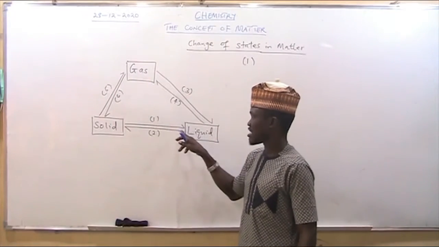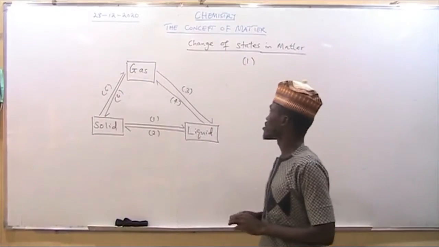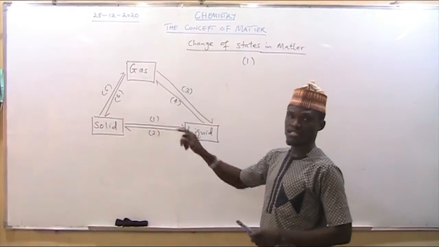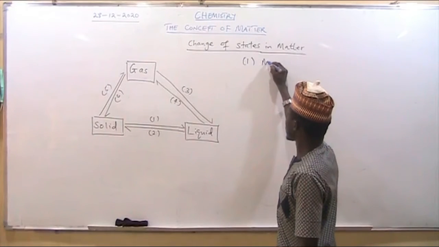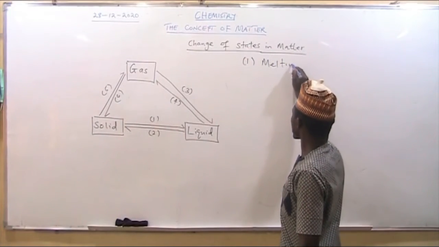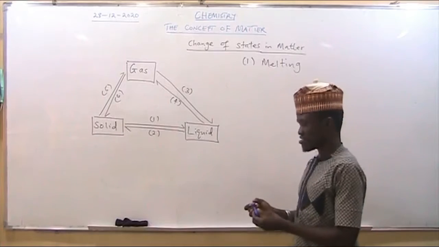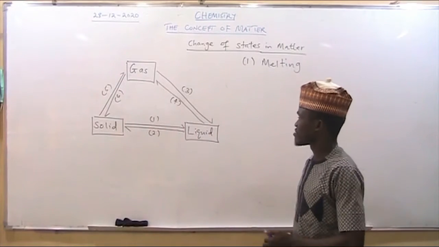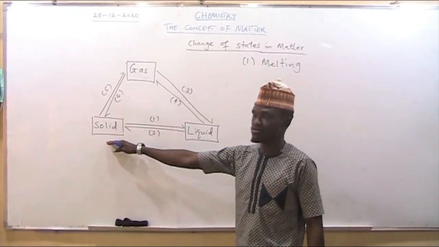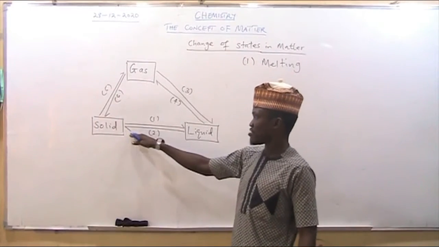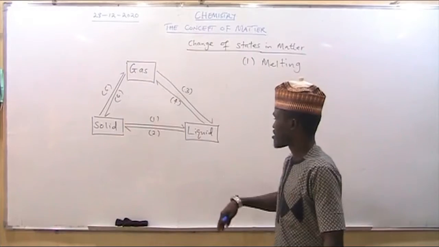From solid to liquid we refer to as the physical process of melting. Okay, so this is melting. Then the process is reversible, and you can see the arrow taking the backward direction.